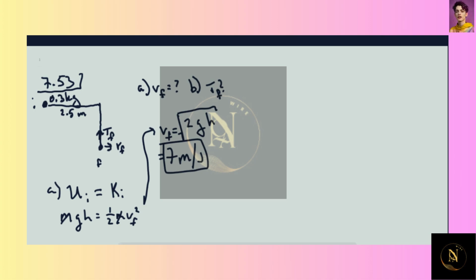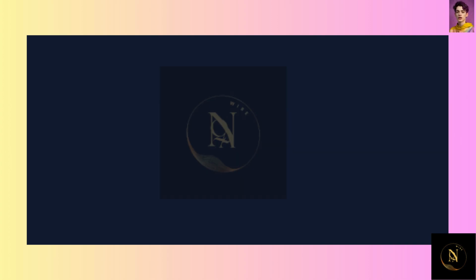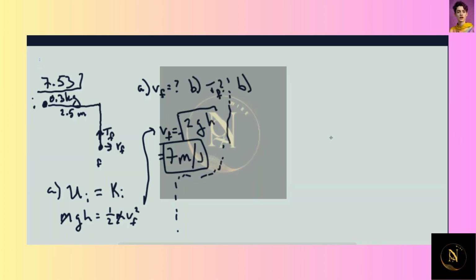So for part B now, let's draw a free body diagram. We have the tension in the string. We have the weight of the potato. Now, because this is moving in a circle, it has to have a centripetal force.